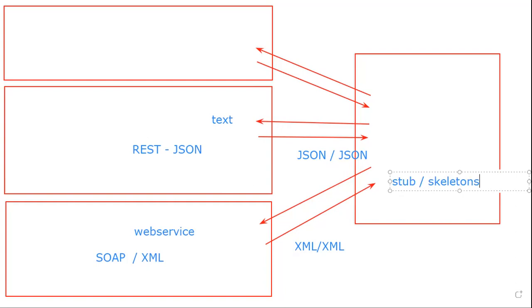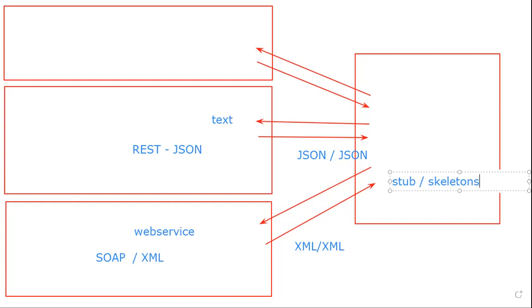Let's take it as a service. The service can be REST or web service; there are two types of service. A company which has created its API as a REST service will not give you a WSDL, because WSDL itself means Web Service Definition Language.